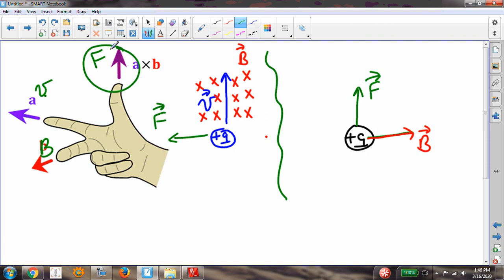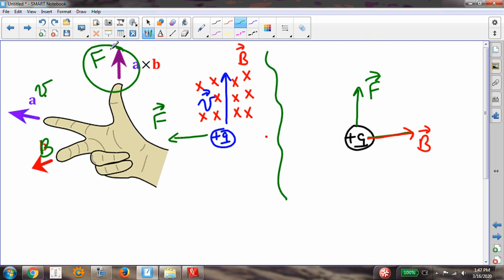Now, which axis is not yet occupied? F is in the y direction, B is in the x direction, so the z-axis is not yet occupied. That means that V has to either be plus z or minus z. Which do you think it is?